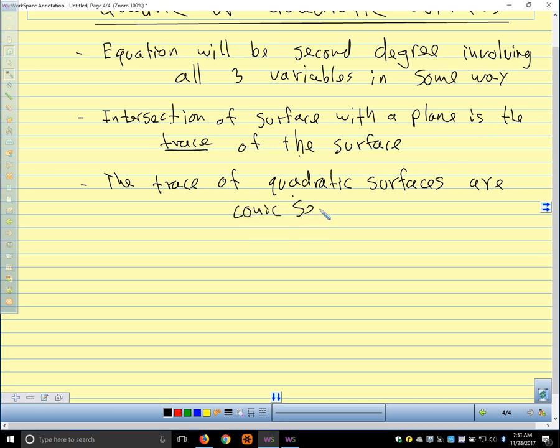Cones. So the traces of our quadratic surfaces are going to be conic sections of some kind.